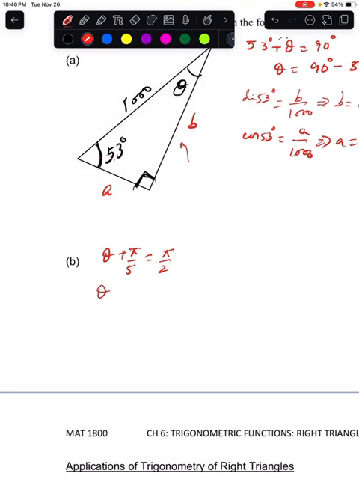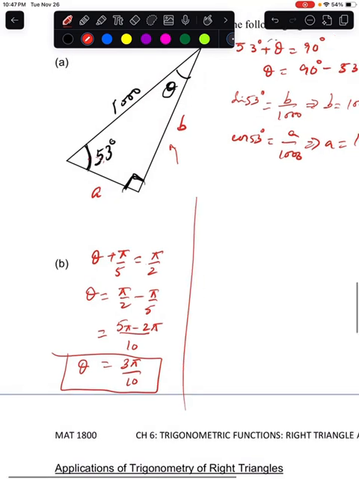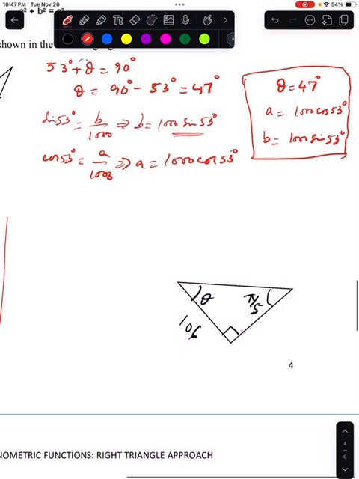So theta will be equal to pi over 2 minus pi over 5, which with common denominator 10 gives 5 pi minus 2 pi, so 3 pi over 10. So that is our theta. Now we can find one of the sides. Two sides are unknown: the hypotenuse and one of these sides. I can call this A and I can call this C.